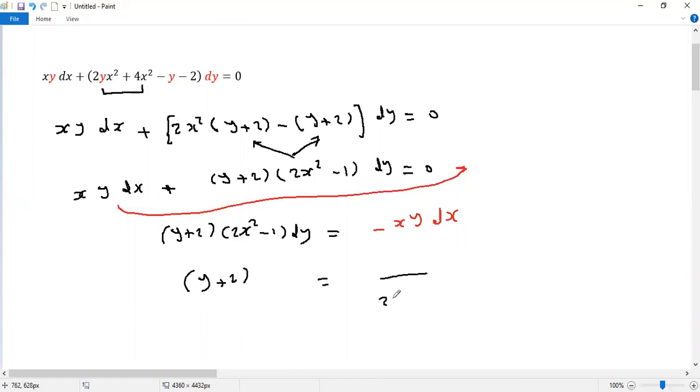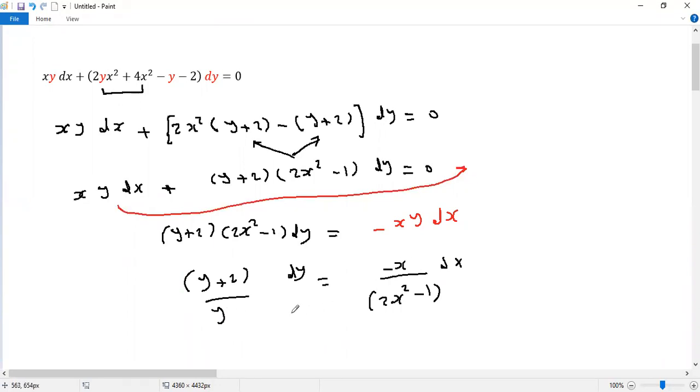By cross product, I get back the same thing. I still have dy, and I divide this side by y, so we have over y, and I keep minus x dx. If you multiply cross product, y plus 2 times 2x squared minus 1, this one by dy, and y by minus x dx.